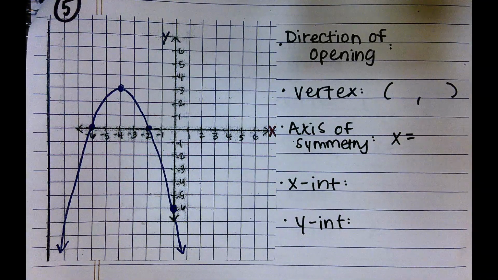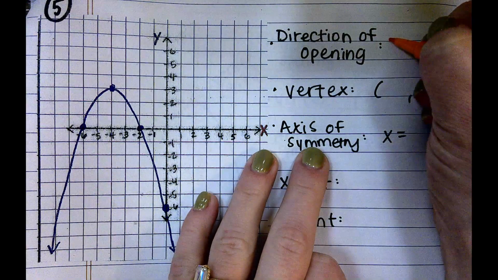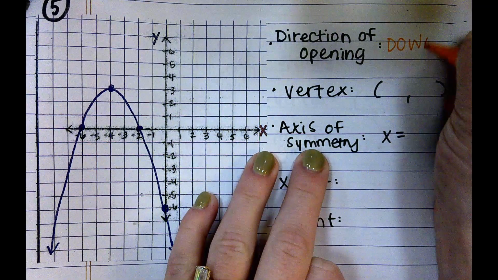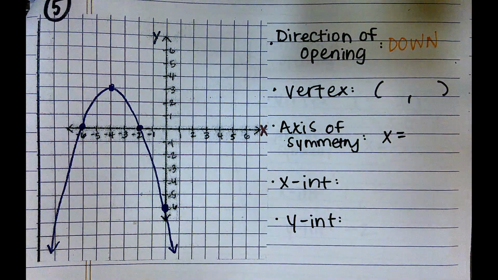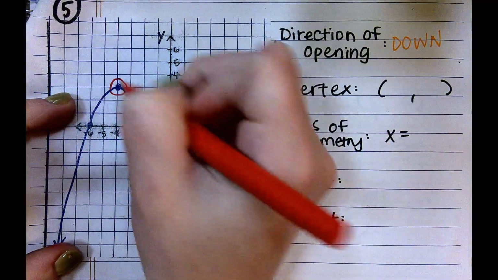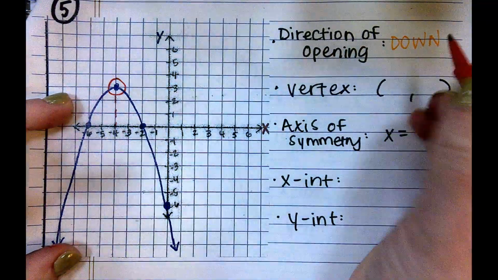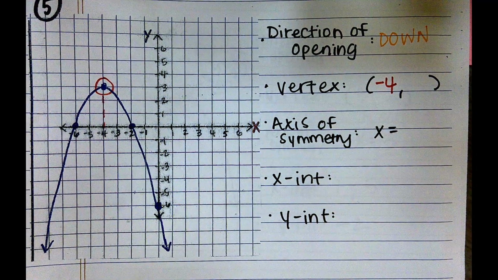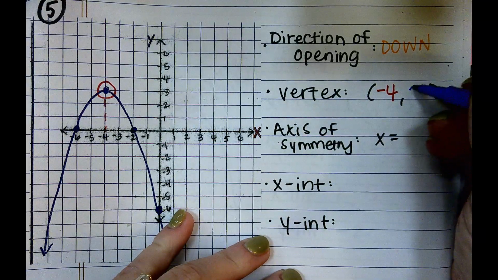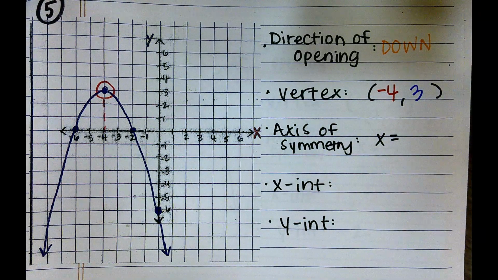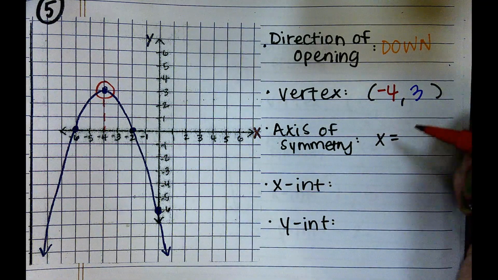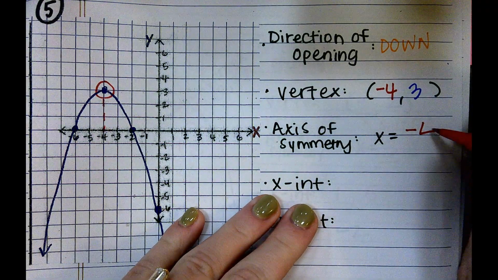Okay, opening up or down? Down for number 5. Okay, vertex. -4, 3. Yes, -4 and 3. Axis of symmetry is -4.